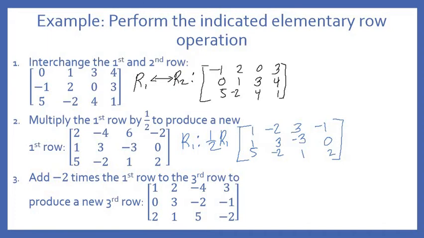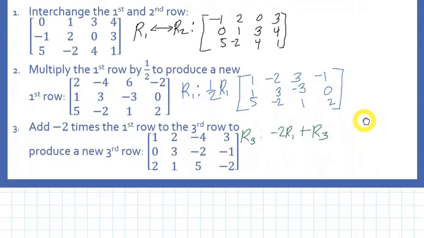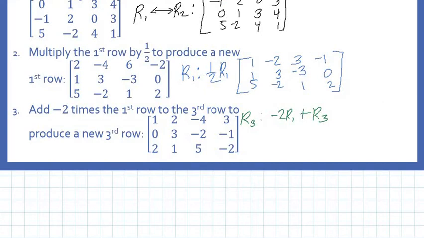So the third one, we are asked to add -2 times the first row to the third row, and that produces a new third row. So our new third row is -2 times row 1 and then add it to the third row. So let's just bring this up a little bit so we will have more space. There you go. So therefore, we shall now have the following. Our row 3. So that means I can write row 1 and row 2 as is.